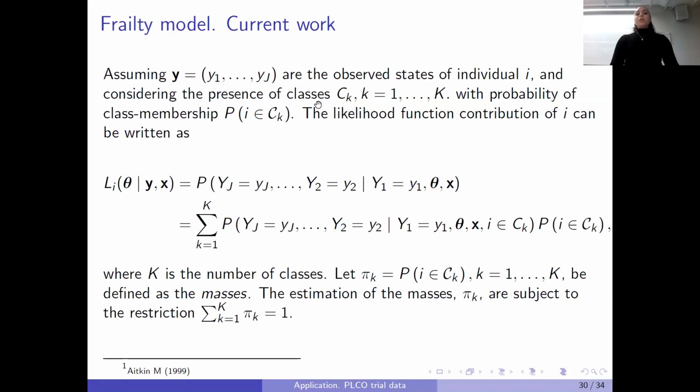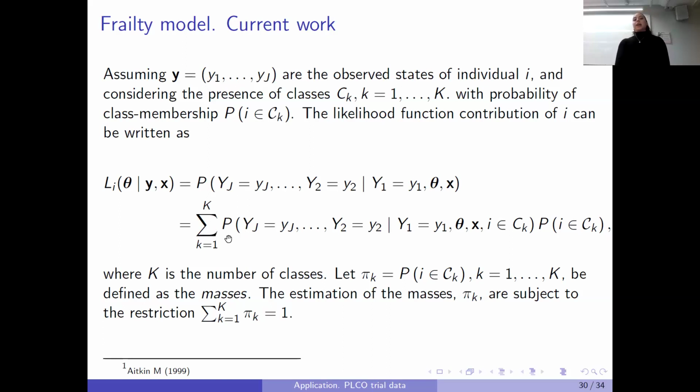With the non-parametric approach, we change the likelihood, following the likelihood I showed before. We have an individual likelihood contribution, their observed trajectory conditional on the first state, the parameter vectors and the covariates. And then we use the law of total probability.